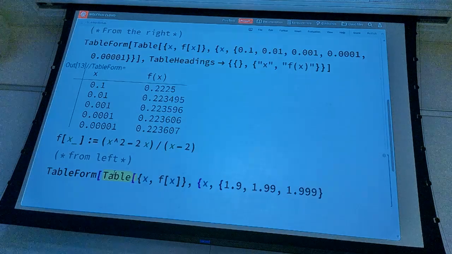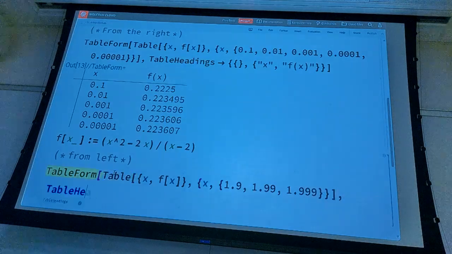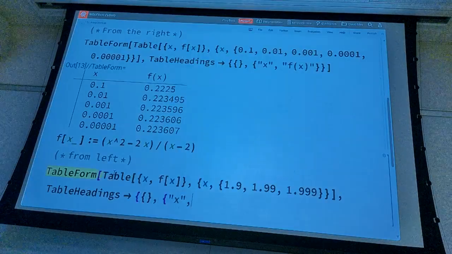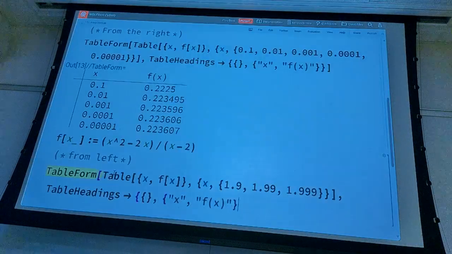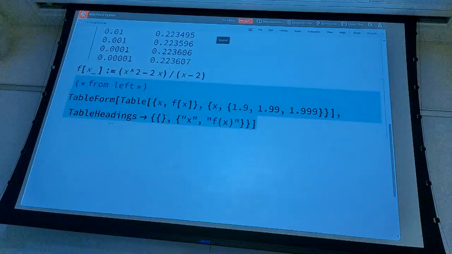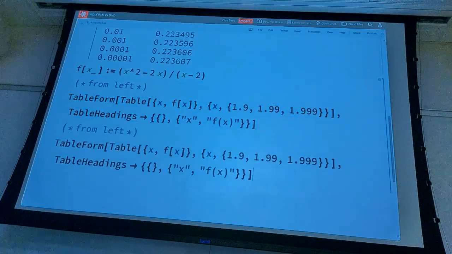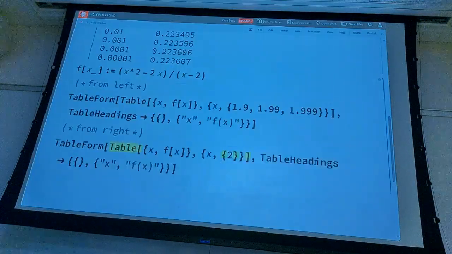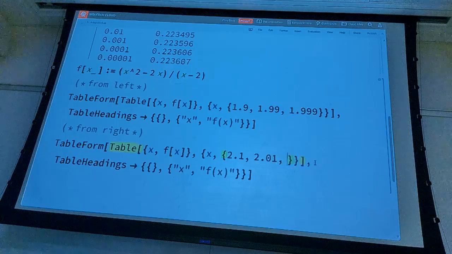Let's just start with those 3. Change these, so 2.1, 2.01, 2.001. Execute the whole thing at once.